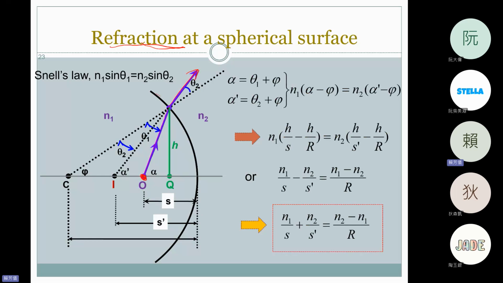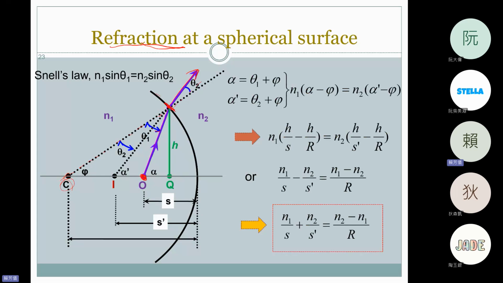Okay, the normal to the surface will pass through the center of curvature. So this dashed line is the normal line to the surface here.